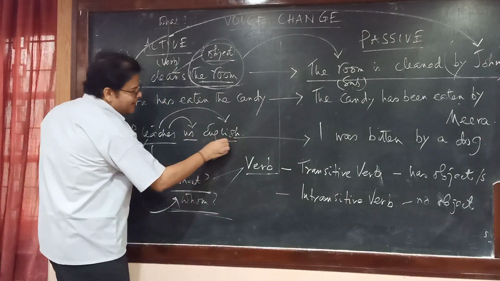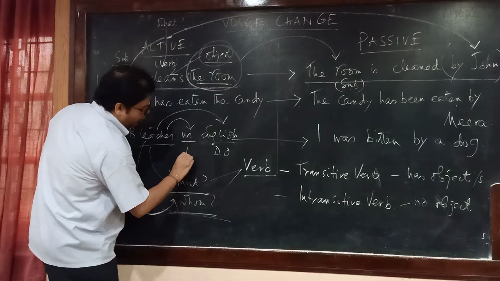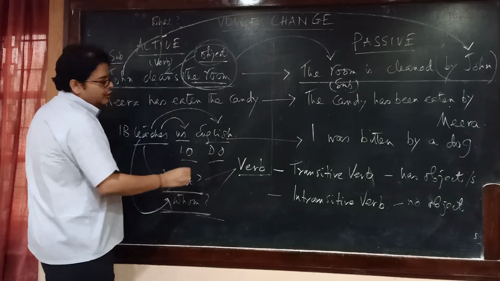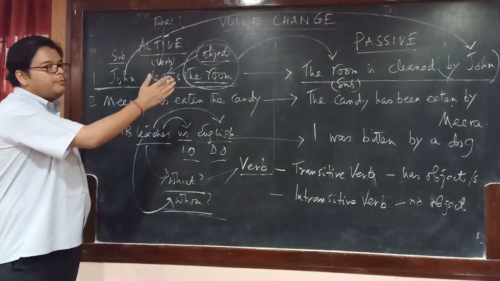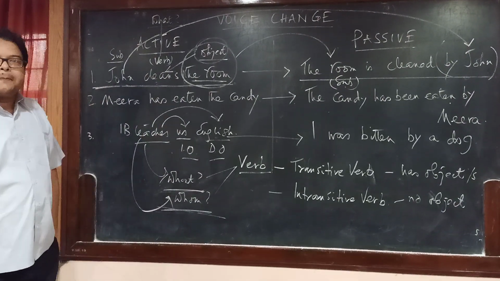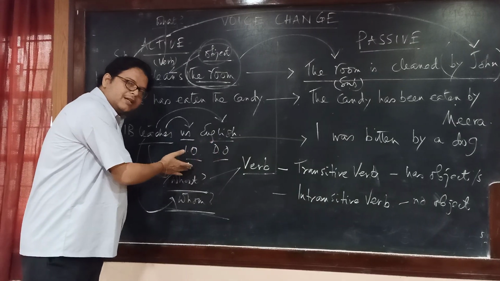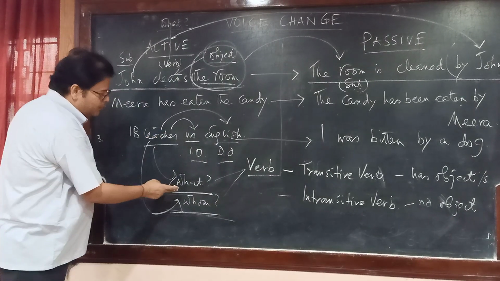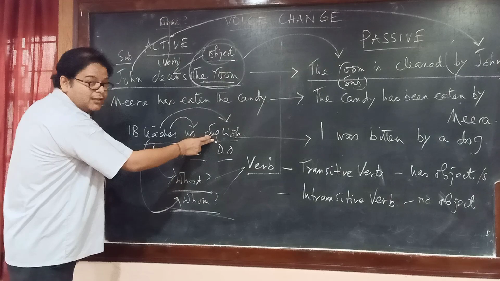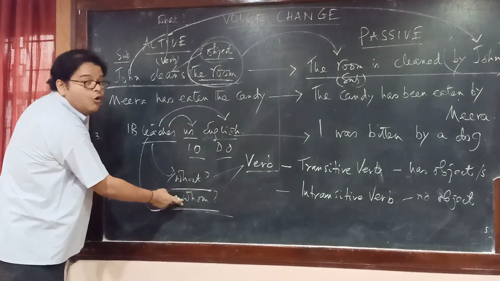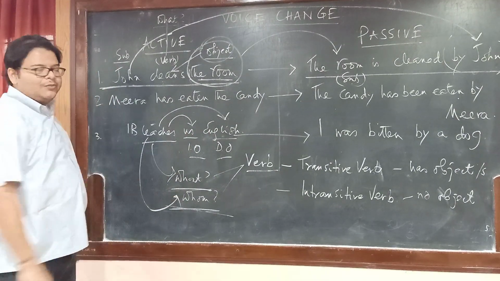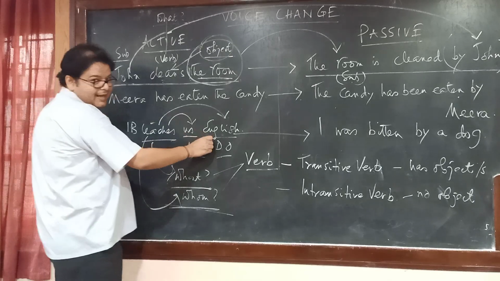This is called the direct object. This is called the indirect object. Not strictly related to voice change, but you should know what is a direct object and what is an indirect object. The answer to the what question is the direct object. The answer to the whom question is the indirect object. So Ivy teaches us English.